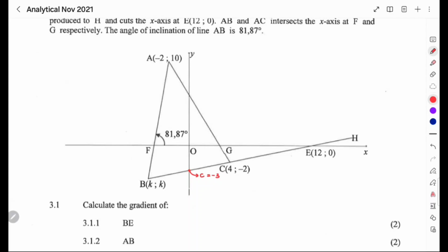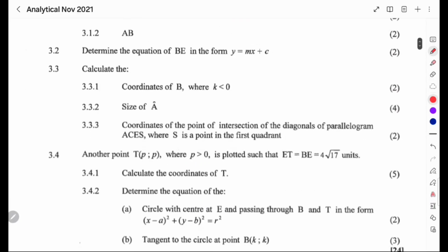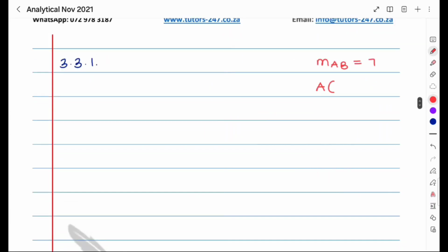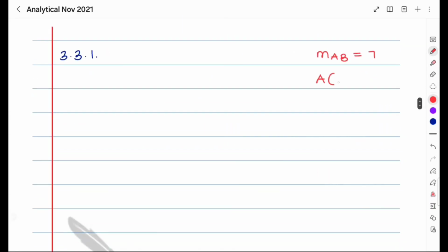We're going to make use of the coordinate A, which is -2 and 10. So that will be our x value and our y value. So we can substitute into the equation of the straight line.